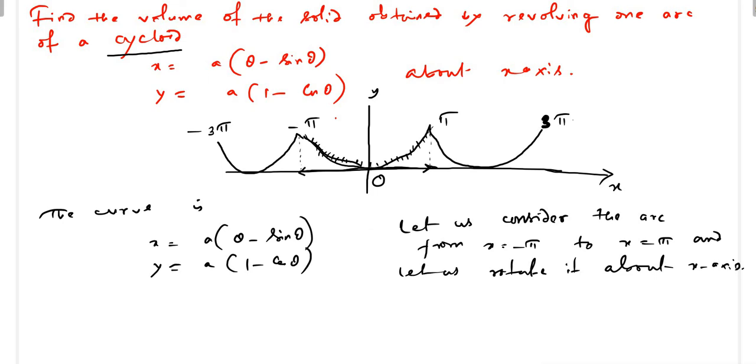Okay, so the volume is V equal to, as you know, the formula is the integral from x equal to minus pi to pi, and pi is outside, of y square dx, we already know that.